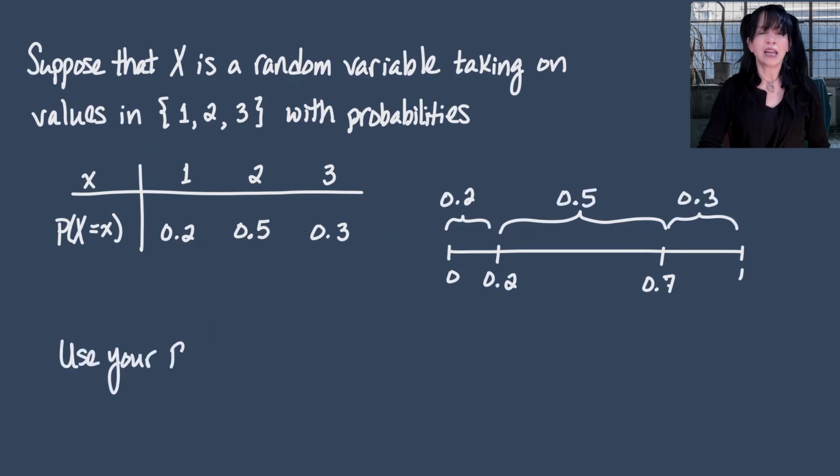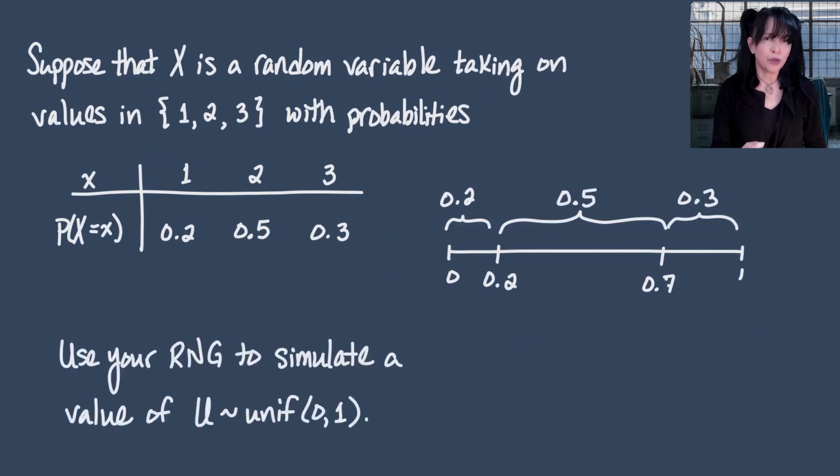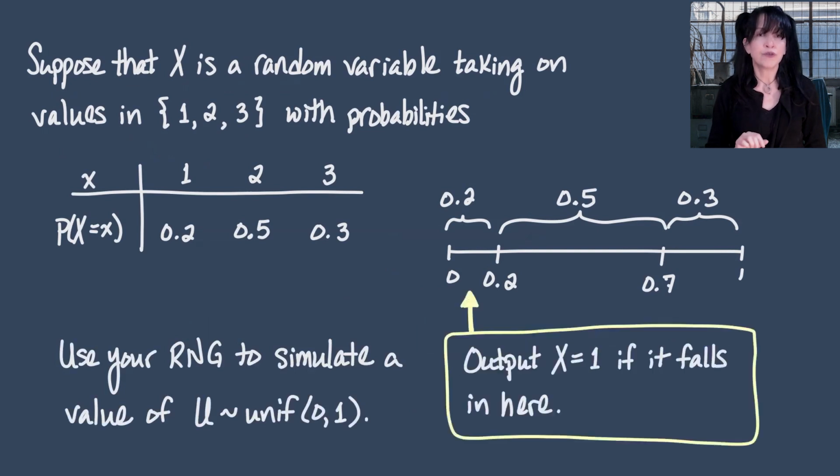You're going to use your random number generator to simulate a value U from the uniform 0, 1 distribution, and if U falls in this first interval from 0 to 0.2, you're going to output the value 1. Whereas if U falls in this second interval of length 0.5, you're going to output the value 2. And finally, if your realization from your random number generator falls in this interval from 0.7 to 1, you're going to output the value 3.